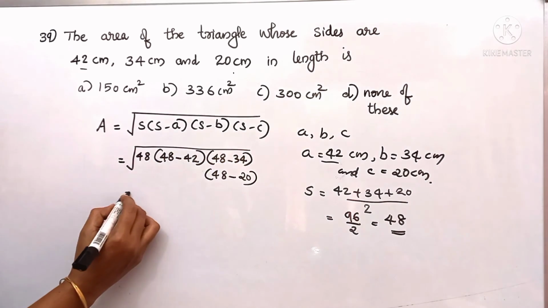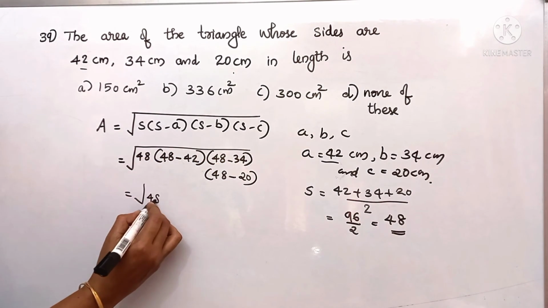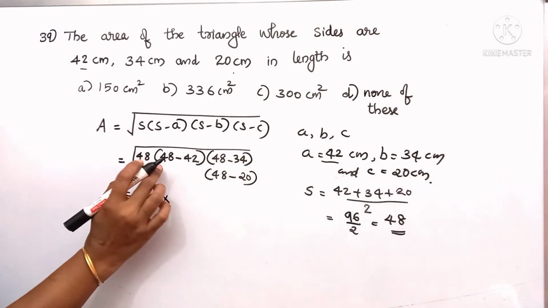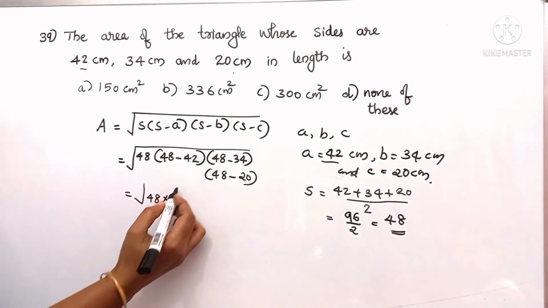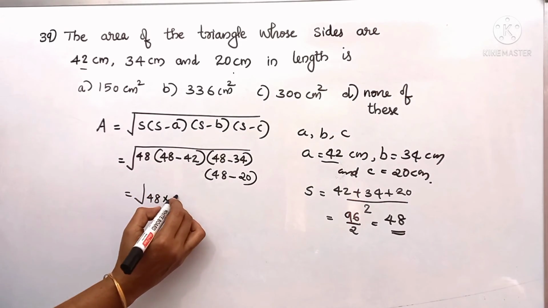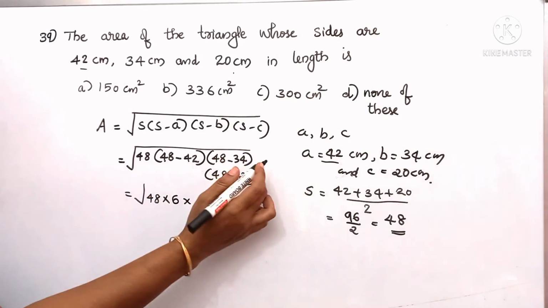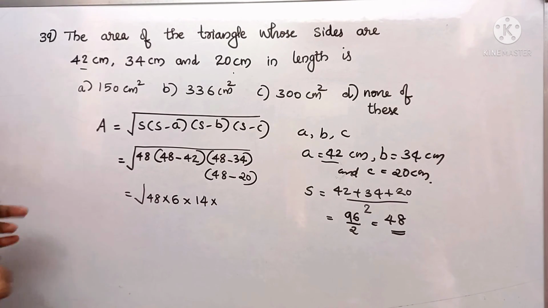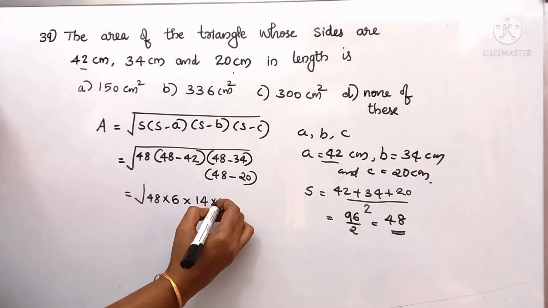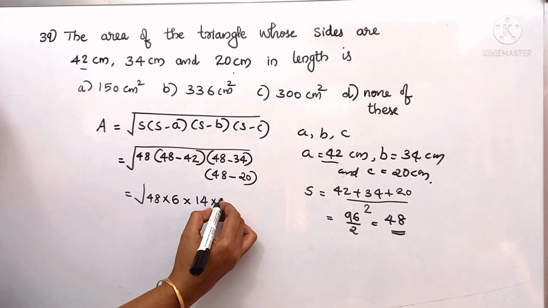Then that is equal to square root of 48 into, after solving the brackets, 48 minus 42 is 6, into 48 minus 34 is 14, into 48 minus 20 is equal to 28.